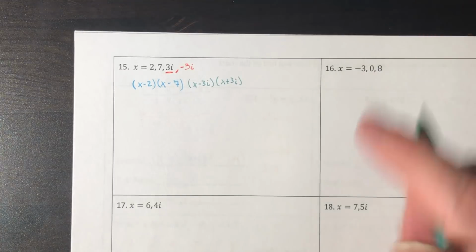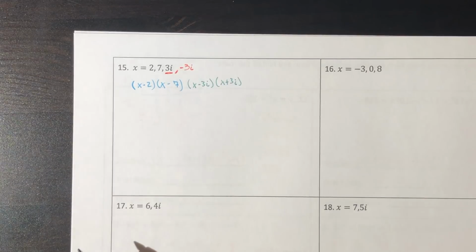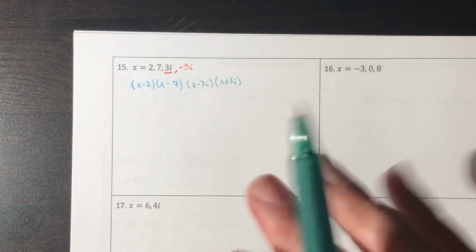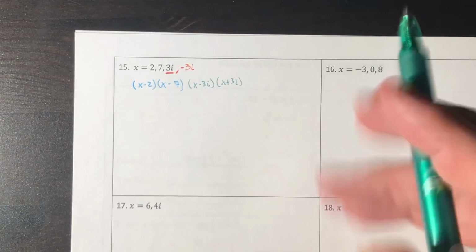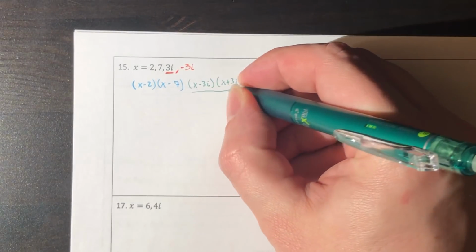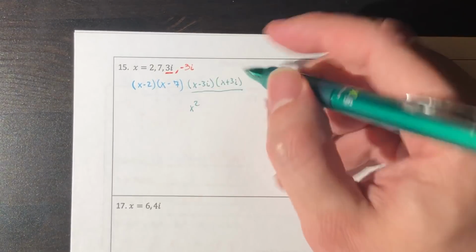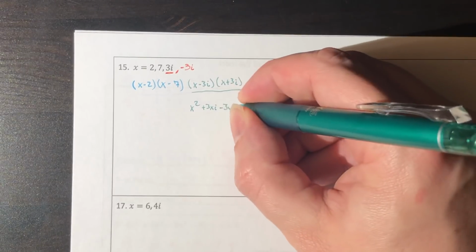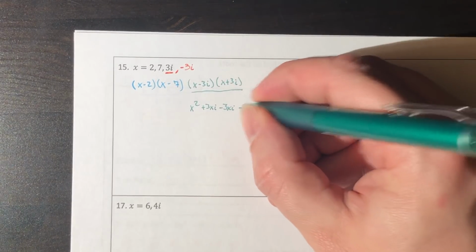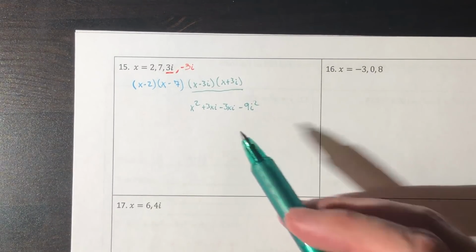Always, always, always start with your imaginary pairs, foiling those first. That's all we're doing on these to get into standard form is foil it. So when you foil these, you have x times x gives you x squared, x times 3i, so plus 3xi, and then minus 3xi, and then minus 9i squared.